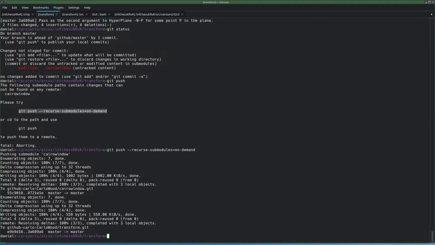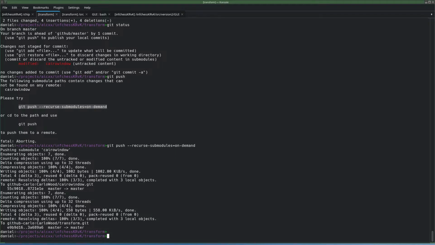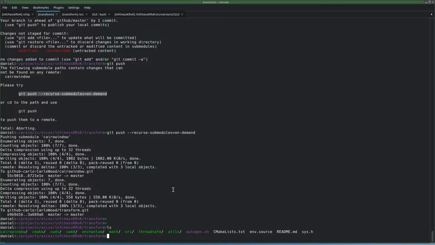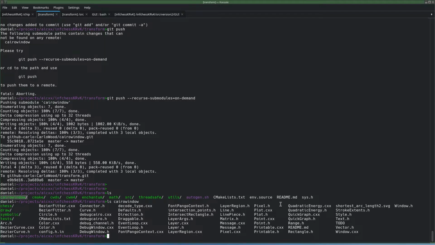Okay. Next, I think I want to move everything to math, or not everything, but the hyperplane and the hyperblock. So I have in cairowindow the file intersection points.